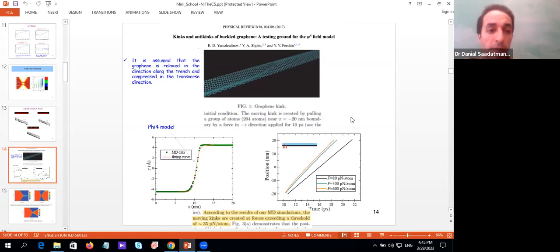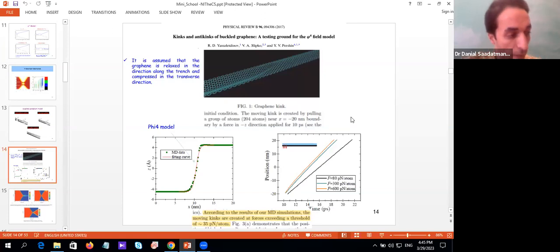that if we have a graphene and it is relaxed in the direction along the trench and compressed in the transverse direction, a kink can move inside such a system. In fact, this moving kink can be created by pulling a group of atoms in the Z direction.